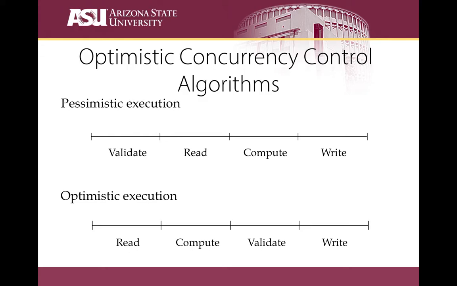So if you want to be optimistic, where do you think I should place the validate step? Before write. Before write, exactly. First of all, we all agree that we need to validate at some point because otherwise it's going to be a disaster for the database. But like you guys mentioned, I can move this all the way before the write. Why? Because write is the time that you have an issue.